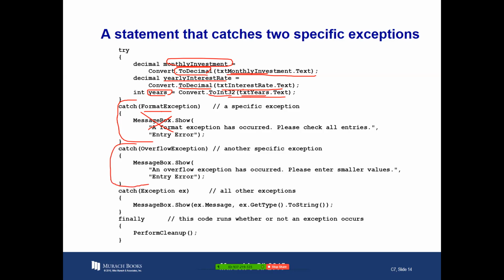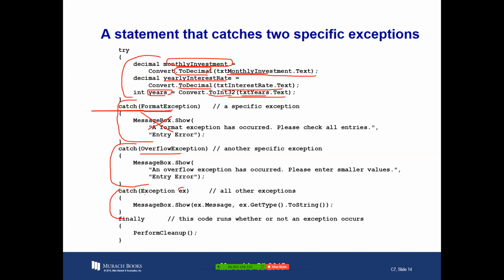Or maybe there's some other kind of exception that you didn't account for. Now, I cannot offhand think of any other type of exception that this code could cause if you did something wrong. But you want your code to be robust, so we throw in this last thing here, which basically catches all the other kinds of exceptions that are not format exceptions and are not overflow exceptions.